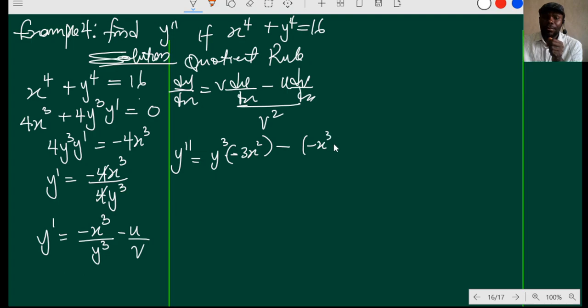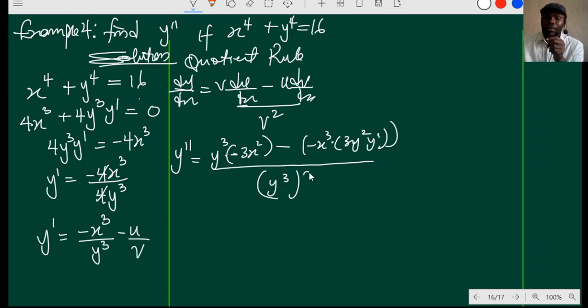Minus x cubed dot dv, our v is y cubed. So to give you 3y squared y1, over v squared, that is y to the power 3 all squared.